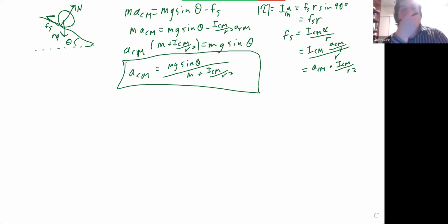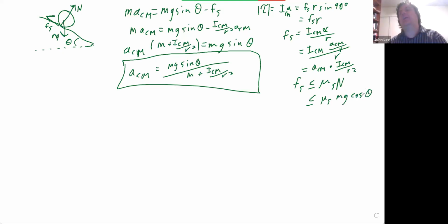And then one thing that you should also note is that Fs is less than or equal to mu s times N, which is less than or equal to mu s times mg cosine theta.